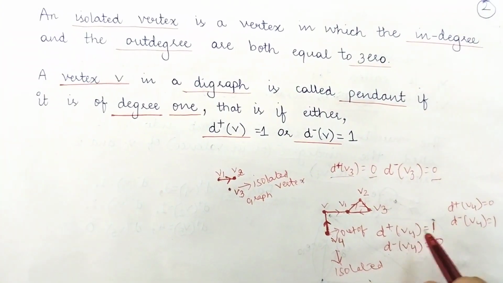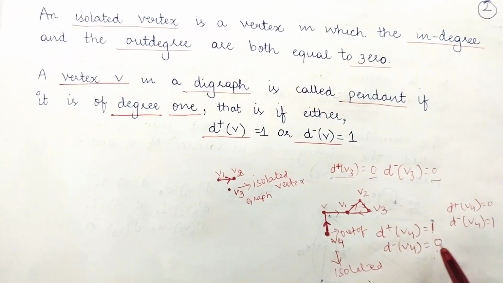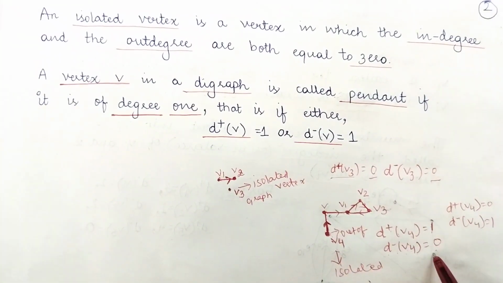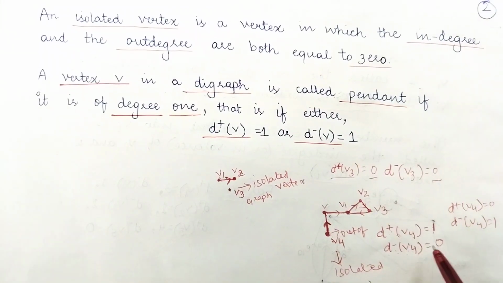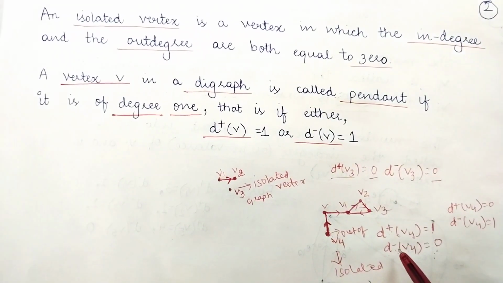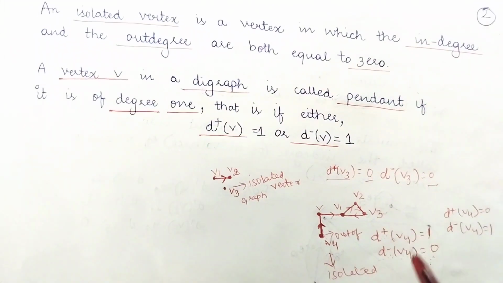So either the out degree will be 1 or the in degree would be 1, but both cannot be 1. So either the out degree is 1 and the in degree is 0, or vice versa, the in degree would be 1 and the out degree would be 0 in case of a pendant vertex.